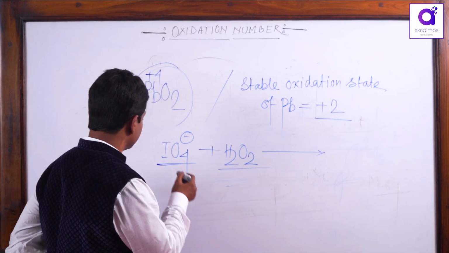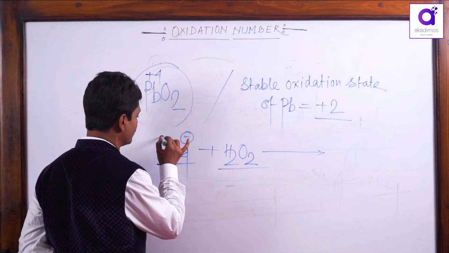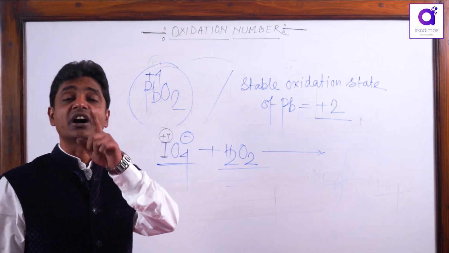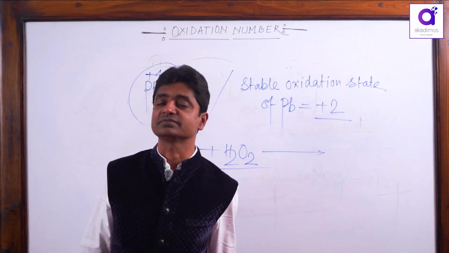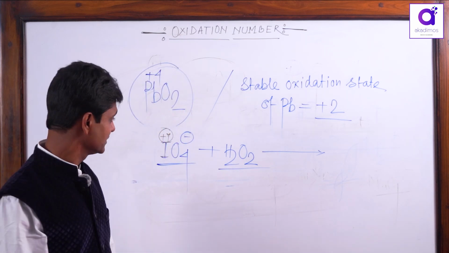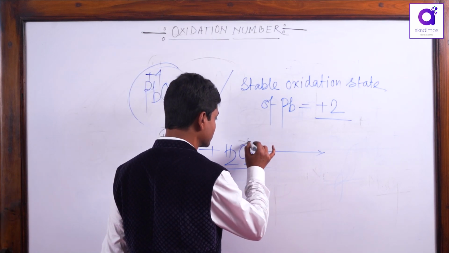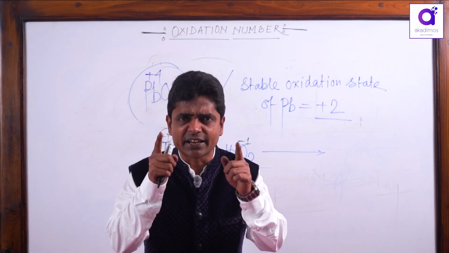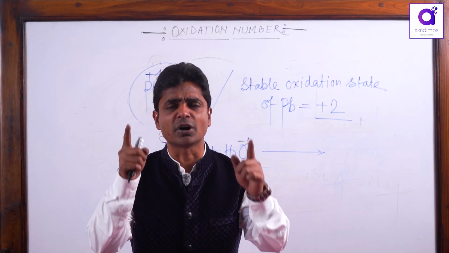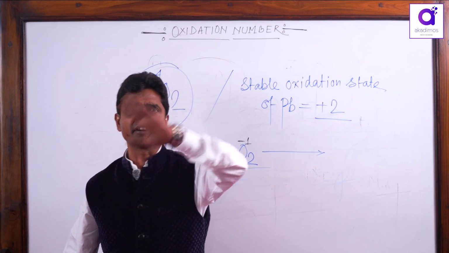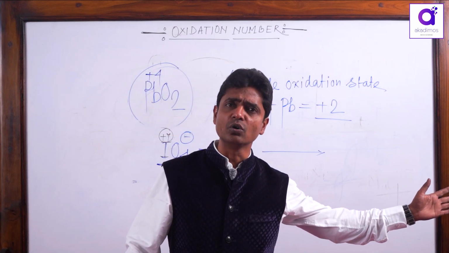See, the oxidation state of iodine here is +7 in IO4 minus, which is the highest oxidation state of any halogen, since halogens have 7 electrons in their valence shell. Here is H2O2, oxygen -1, peroxide. And oxygen -1 is the intermediate oxidation state of oxygen. It can oxidize to 0, it can reduce to H2O or O2 minus.